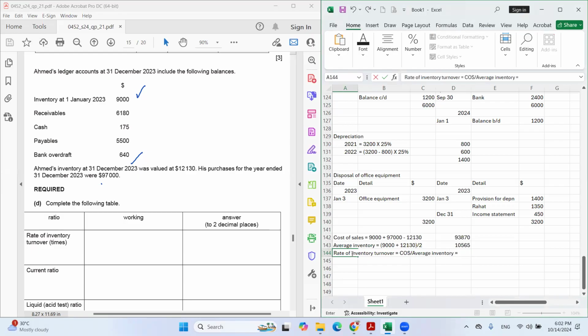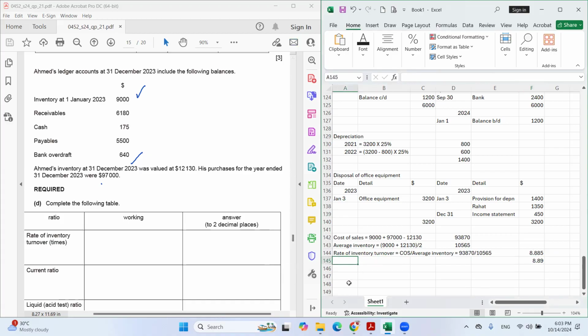That means we have to take 93,870 divided by 10,565. The question says 2 decimal places, so make sure you follow the instruction: 8.89. Okay, so this is the answer that we get.